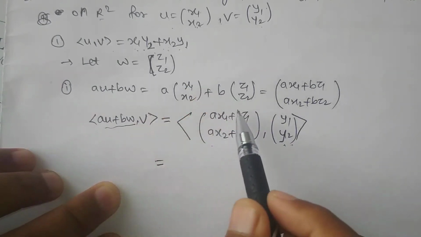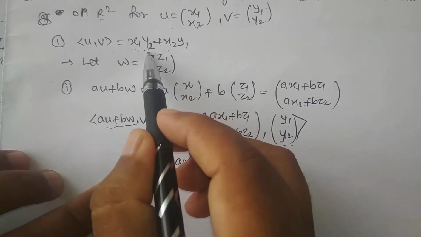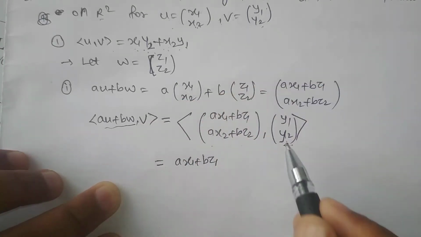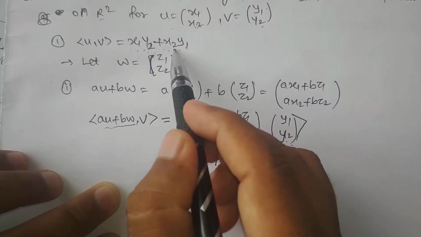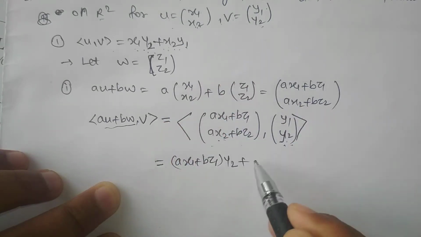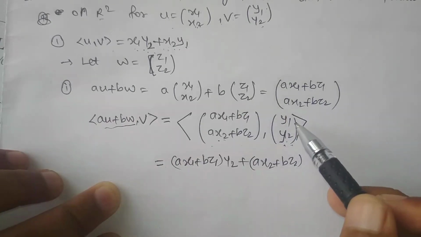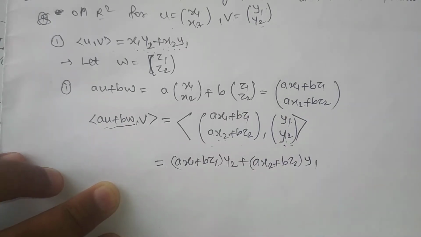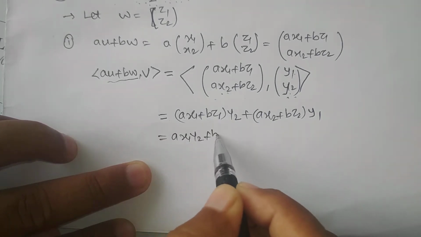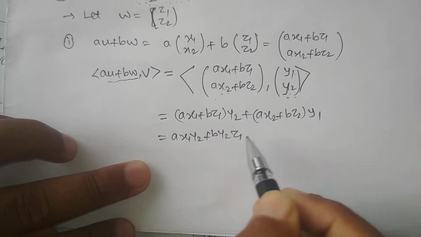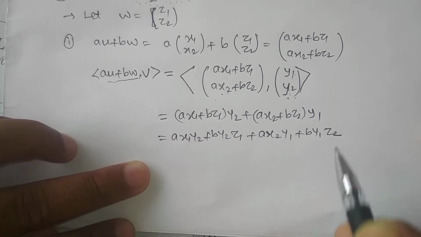So x1, that means the first element of the first vector, is a x1 plus b z1, into y2, the second element of the second vector, plus the second element of the first vector, a x2 plus b z2, into y1, the first element of the second vector. Now simplify this, you will get a x1 y2 plus b y2 z1 plus a x2 y1 plus b y1 z2.